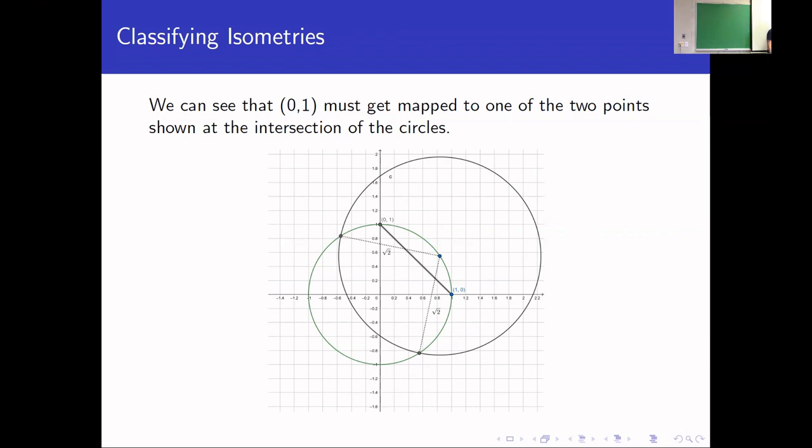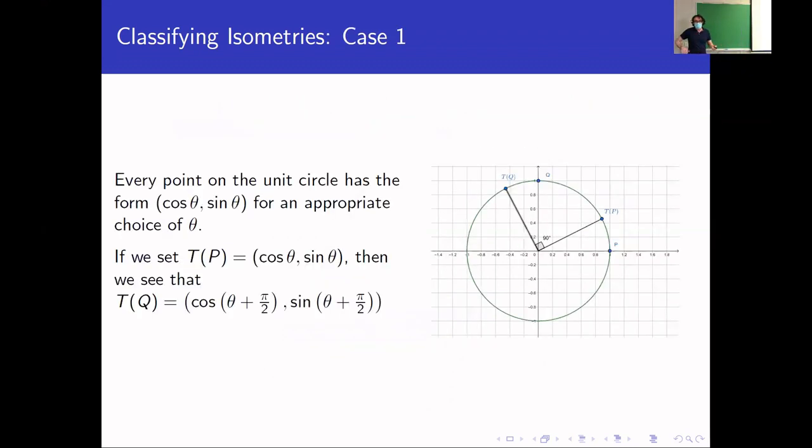Let's call it angle QOP. I copied that to here. So the angle from T of P, O, T of Q would have to be the same angle as that first angle. Okay, so it really is a 90-degree angle.